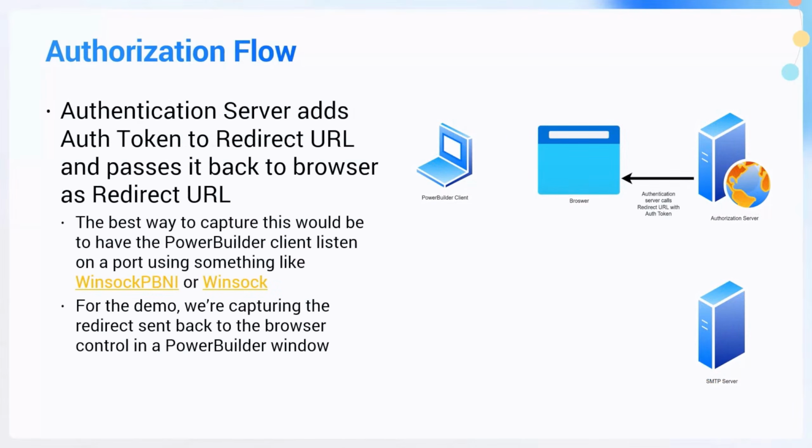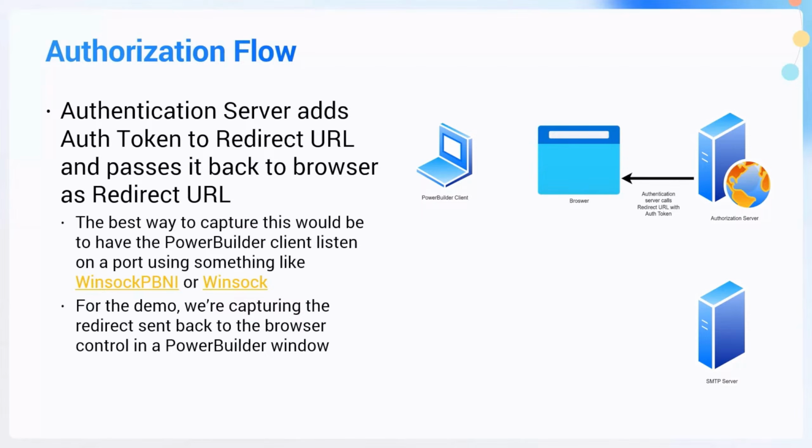The authentication server then sends back the auth token as part of the redirect URL, and that's sent back to the browser. And so when the browser receives that, and it's usually localhost something, for a client application like PowerBuilder, it would be a localhost. But it calls that redirect URL to return the auth token back to the client.